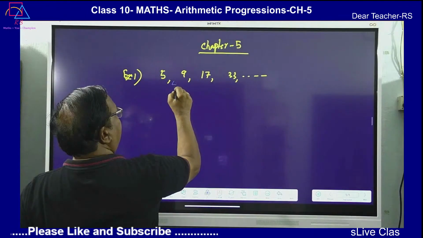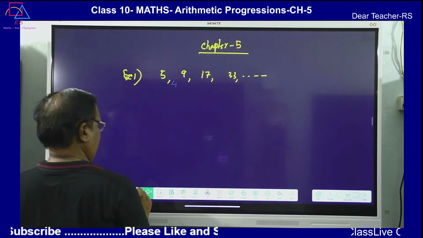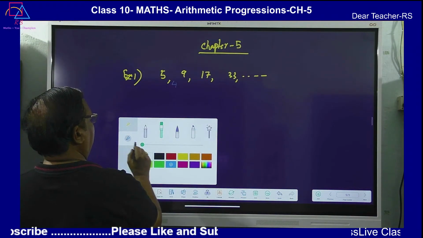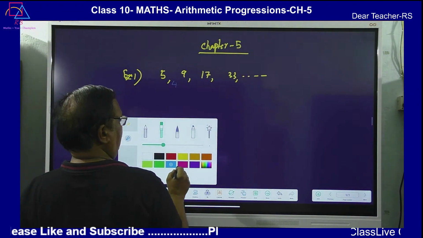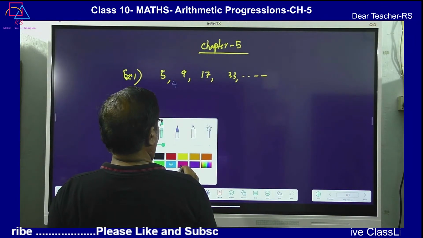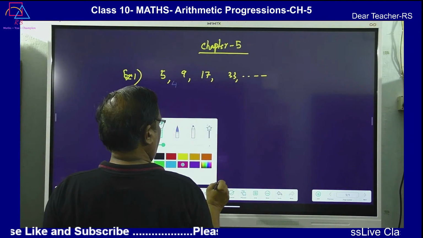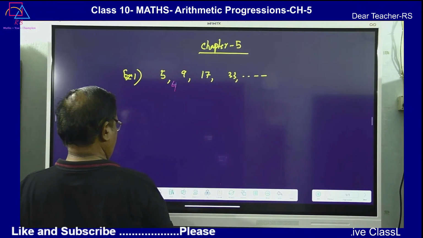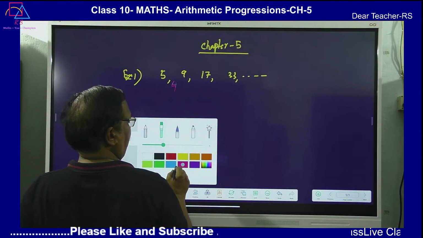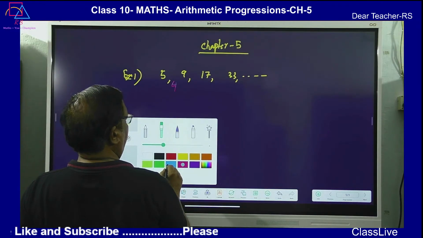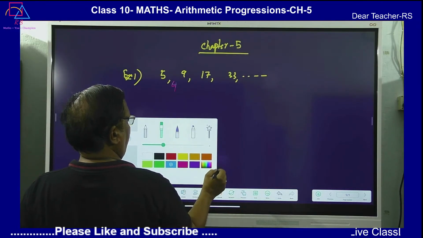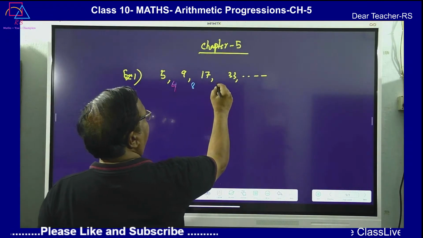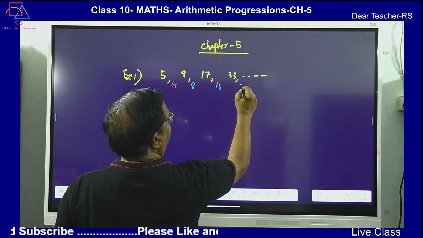This is 4, this is 8, this is 16, this is 32.